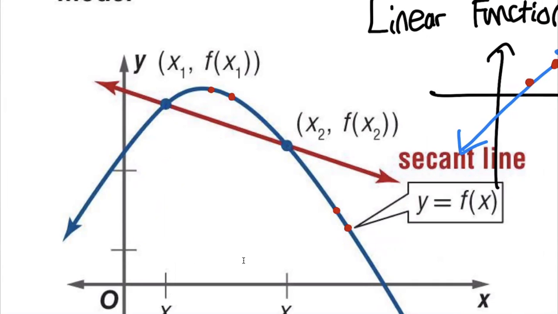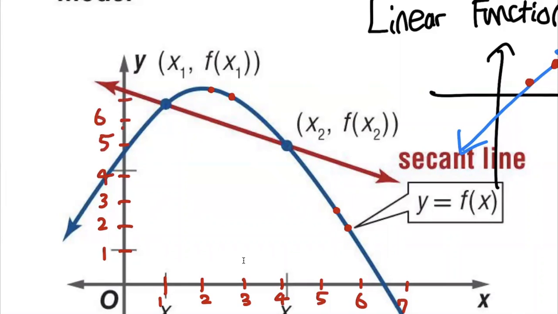Let's say this is 1, 2, 3, 4, 5, 6, 7. And then let's say this is 1, 2, 3, 4, 5, 6, 7, 8. Okay.